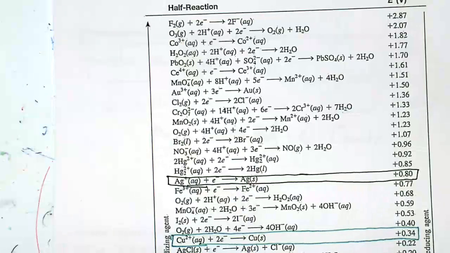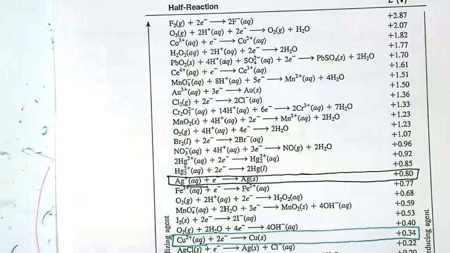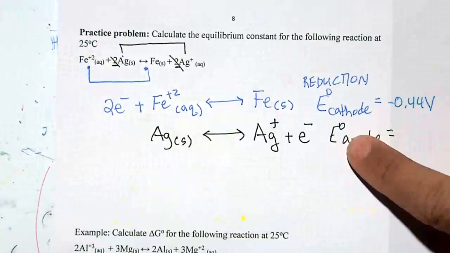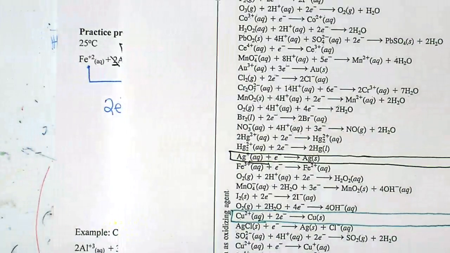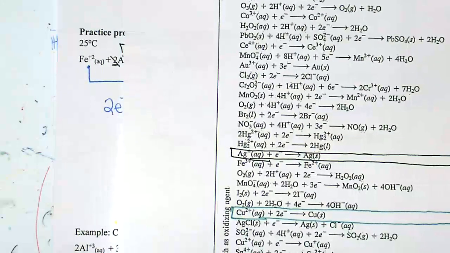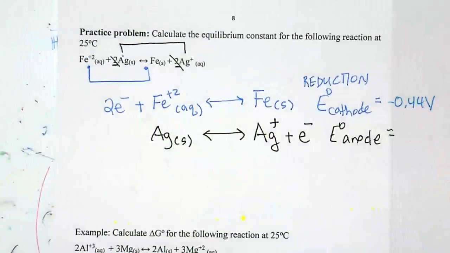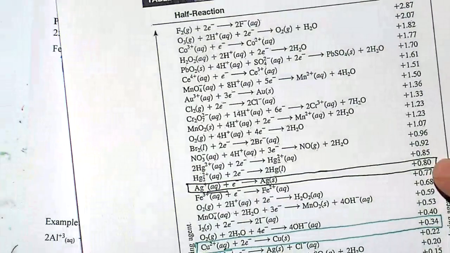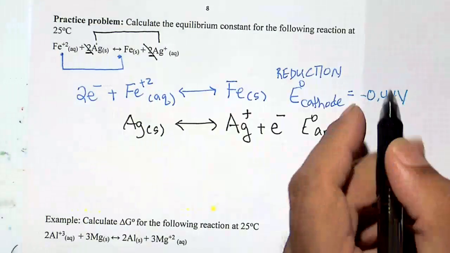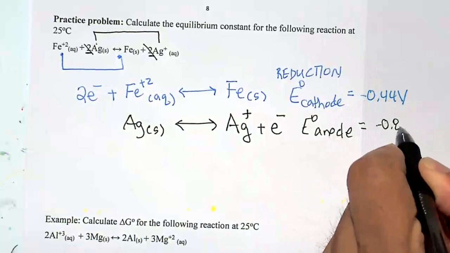Yes or no? What should it be? Okay, first of all, these are the cathodes. This is the anode, so what should this be? Not positive 0.80 volts, but it should be negative 0.80 volts.